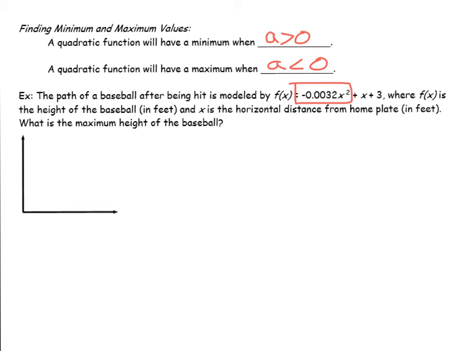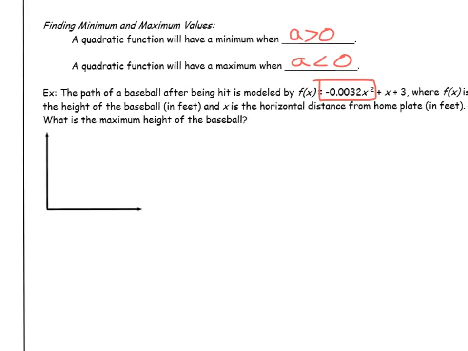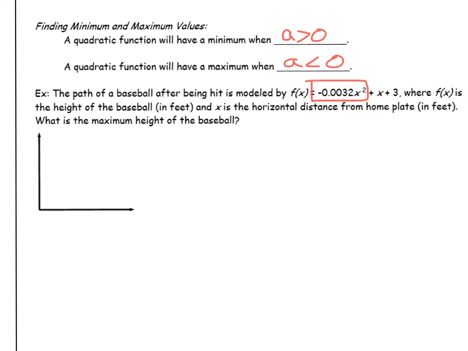I think this might be a useful little thing to do on these kinds of problems. Sketch a very, very basic sketch of what's going on. It says that the x value is distance and the y value is height. And here I'm not going for any accuracy at all.